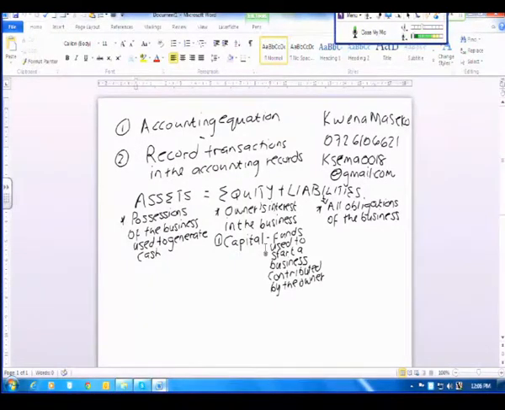But liabilities have two categories. The first category of liabilities is called non-current liabilities. Whenever you see the word current, remember we are talking about a period of 12 months, so we are talking about a year. When you see the word current, think 1 year.